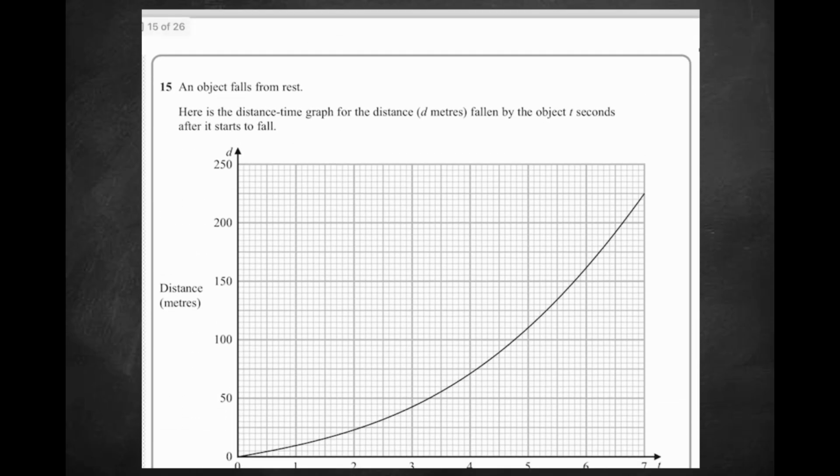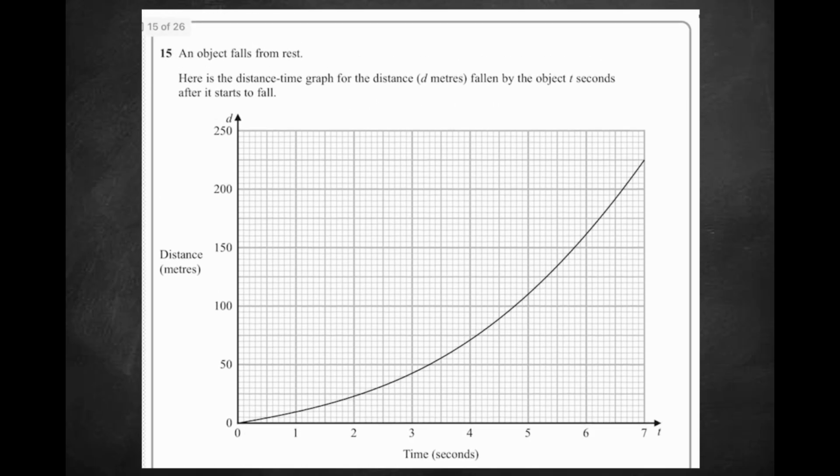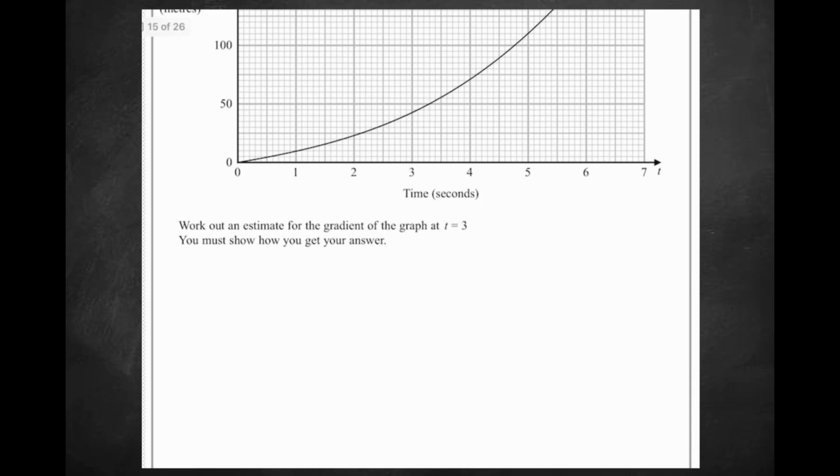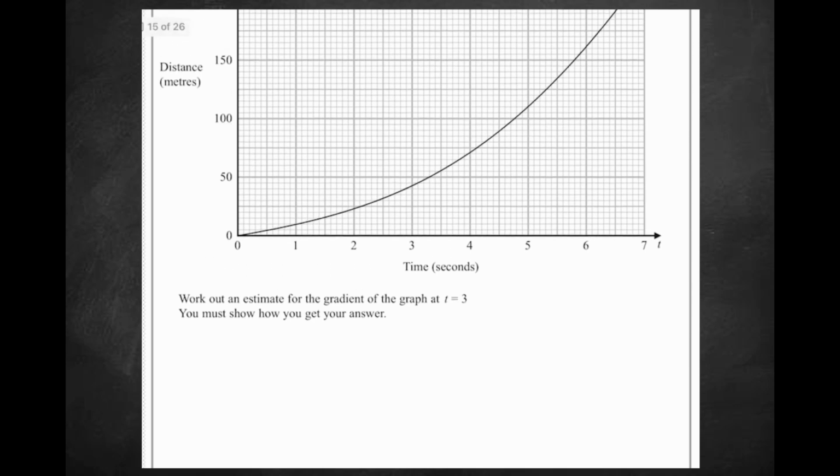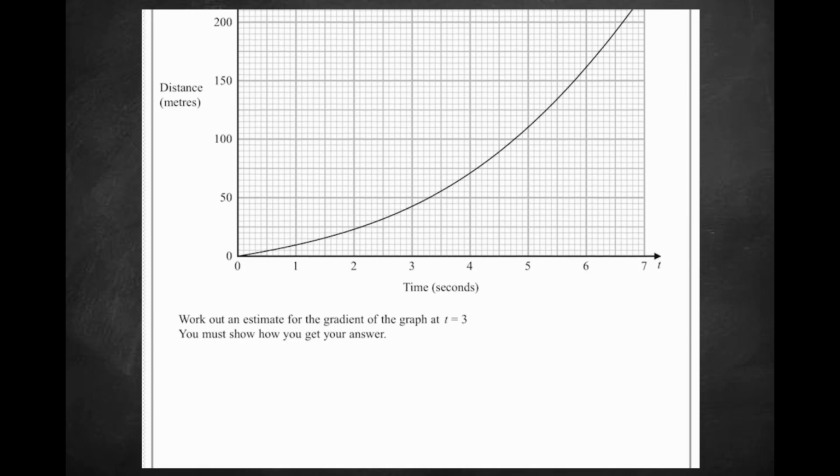Question number 15. An object falls from rest. Here is the distance time graph for the distance d meters fallen by the object t seconds after it starts to fall. Work out an estimate for the gradient of the graph at t equals 3. You must show how you get your answer. So you're going to need to get your ruler out again here.